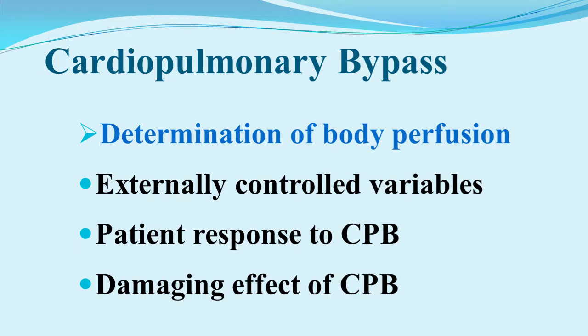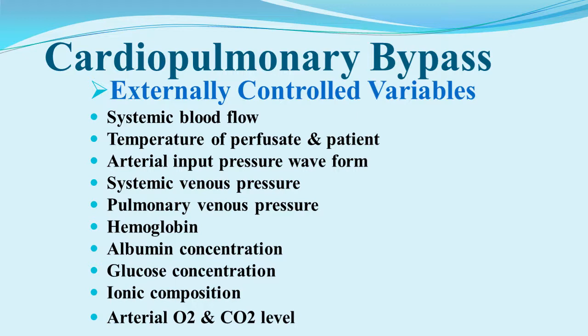So, determination of the body perfusion: externally controlled variables, patient response to CPB, and the effect of CPB. Externally controlled variables are systemic blood flow, temperature of perfusate, arterial input, reservoir, systemic venous pressure, pulmonary venous pressure, hemoglobin, albumin concentration, glucose concentration, ionic composition, and arterial O2 and CO2 levels.